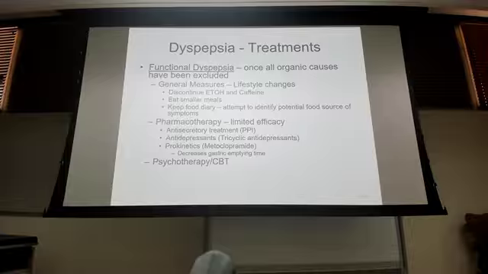There's some literature supporting antidepressants, TCAs, or prokinetics like metoclopramide to decrease gastric emptying time for functional dyspepsia. We can also do psychotherapy or cognitive behavioral therapy. Set your expectations, because a lot of times these patients don't cure. We look at lifestyle changes and try some of those medications, but sometimes these patients do not cure.